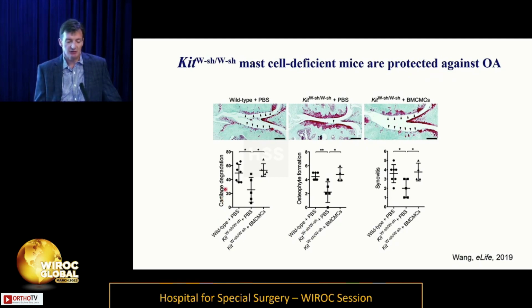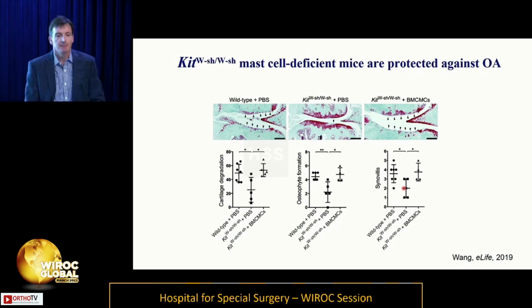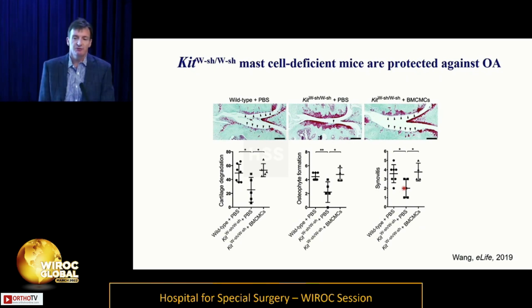And if we look at the blinded scoring of cartilage degeneration, the mast cell deficient mice are protected, with reduced osteophytes and reduced synovitis.